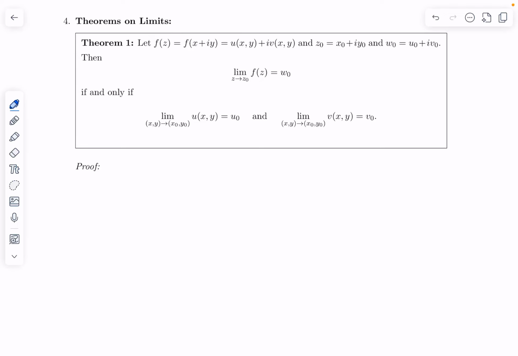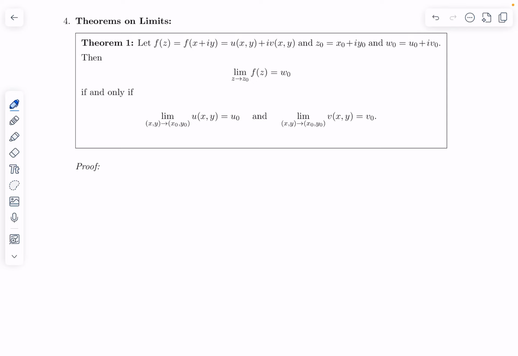We will now look at a theorem that relates complex limits to real limits of the real and imaginary part of a complex function. So here we're going to let f of z be a complex function, so we can think about it as a function of x plus iy, whose value is a complex number, and we're going to think about that as being u of xy plus iv of xy, where u and v are real functions of two variables, x and y.